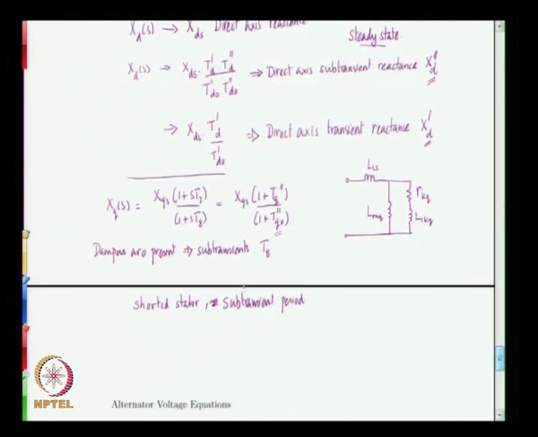So, in the expression of xq of s, we find that only subtransient effects are there. Unlike the d axis, there is no single dash term, and as before, whenever there is an interval where the disturbance variations are fast, there is an s missing here.